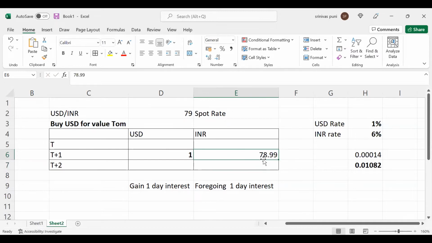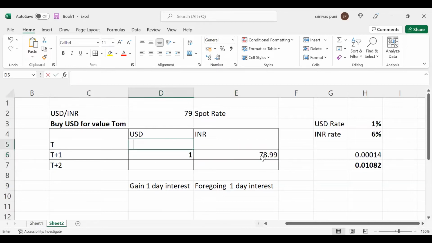Similarly, if I take the same example and move it into the 2 days cash settlement rather than tomorrow, obviously another 1 paisa, depending on the dollar rate and the rupee interest rates, will be reduced.